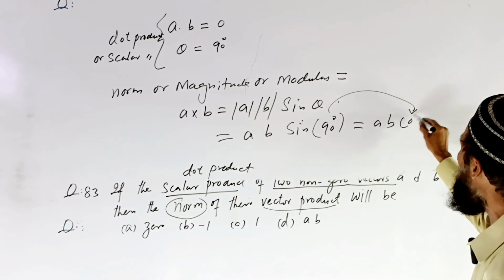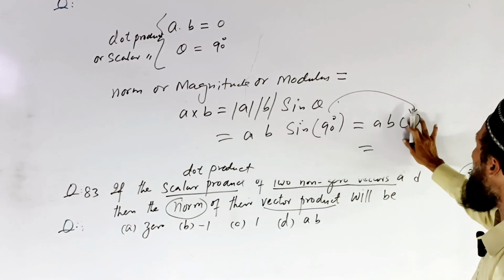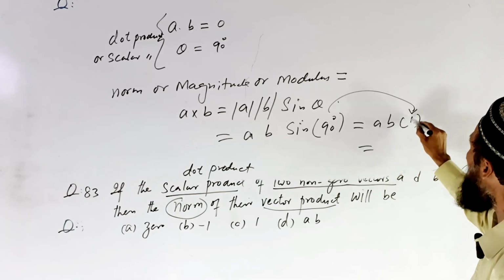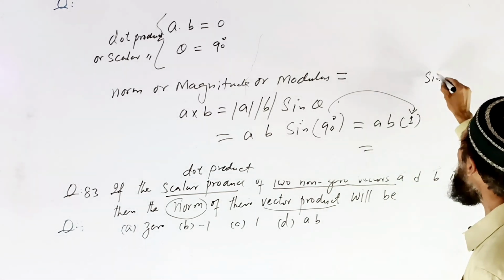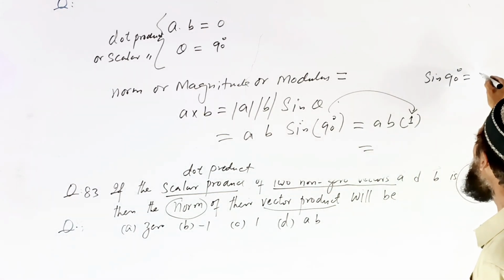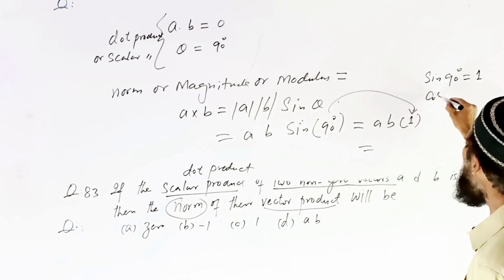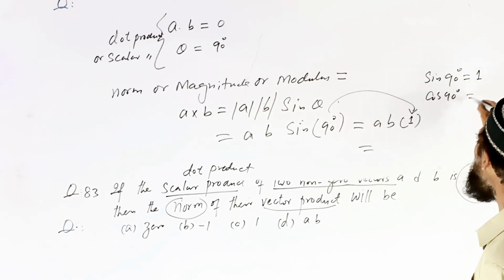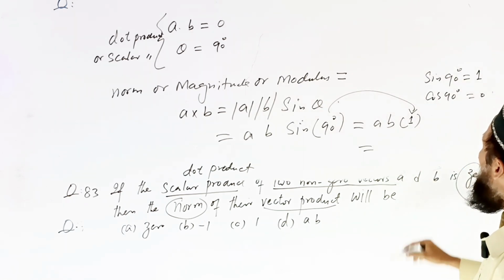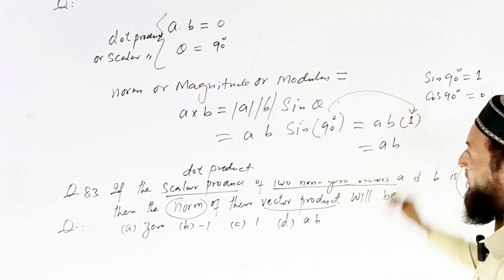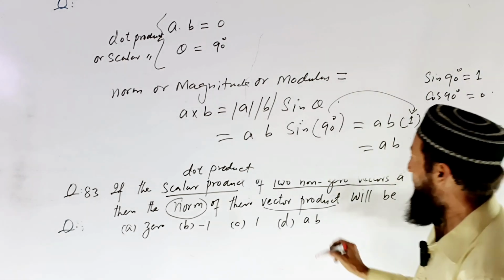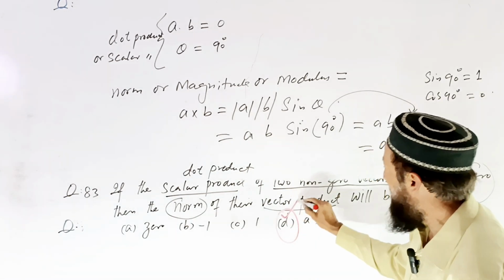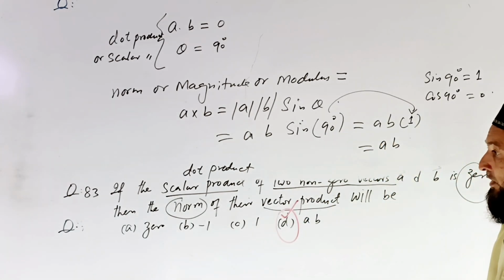Sorry, sine 90 is equal to 1, and cos 90 is equal to 0. So the result is AB, and the correct option is D according to the condition.